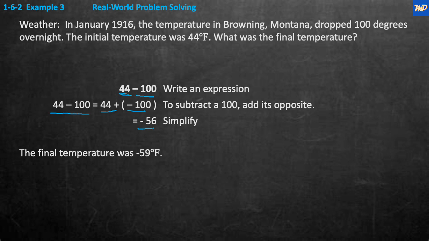Those zero pair out with 44 of the 100, and what's remaining is 56. They're the negative 100, the red tiles, so to speak. So what's remaining is 56 red tiles, or minus 56. So the final temperature was negative 56 degrees, right here.